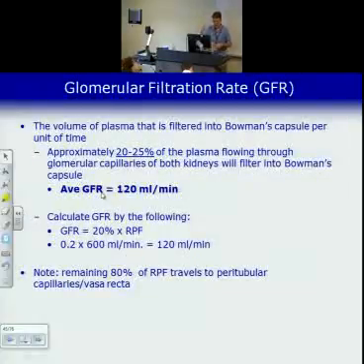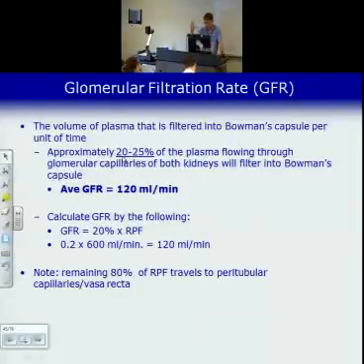All right, last but not least, how well is this thing filtering? GFR, glomerular filtration rate. In a healthy individual, about a fifth or 20% is a typical functional value for good kidney filtration, or average. So we pushed 600, 700 mLs of plasma through there, but only about a fifth of that actually gets into the nephron itself.